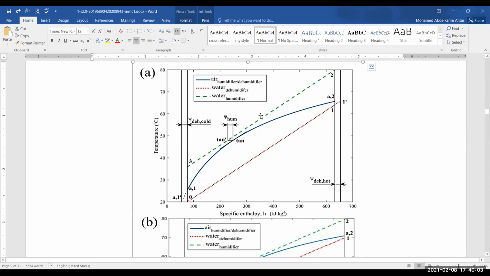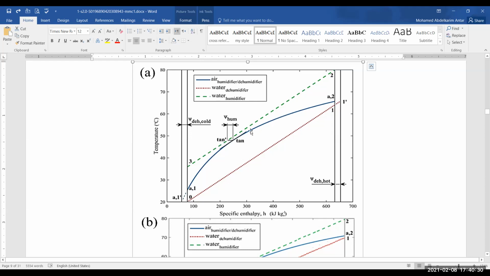or alternatively, we can look at the slope of the water line here. Water is being cooled down, it is sprayed hot at 2, and then it will lose heat that will be gained by the air, and the heat is going to be lost until it leaves the unit at 3. So this is the line or the slope of decreasing temperature for the humidifier.